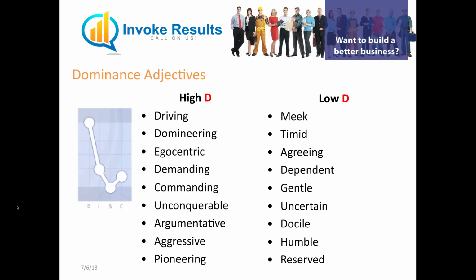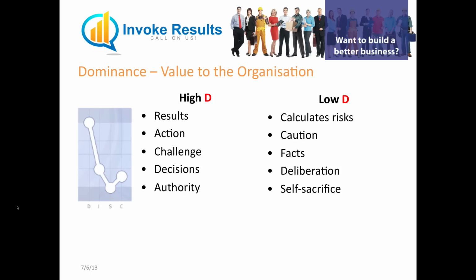Whereas the low D, like I said, they dislike responsibility, they like to be in teams, so they can be more mild, meek, agreeable, dependent, gentle, uncertain, a little bit more docile, humble and reserved. The value to the organisations, well, if you're looking for someone to achieve results, take action, live up to challenges, in fact love challenges, thrive on challenges, take decisions often without precedent, and just assume authority, well then your high D is a factor that you're probably going to be looking for in a profile.